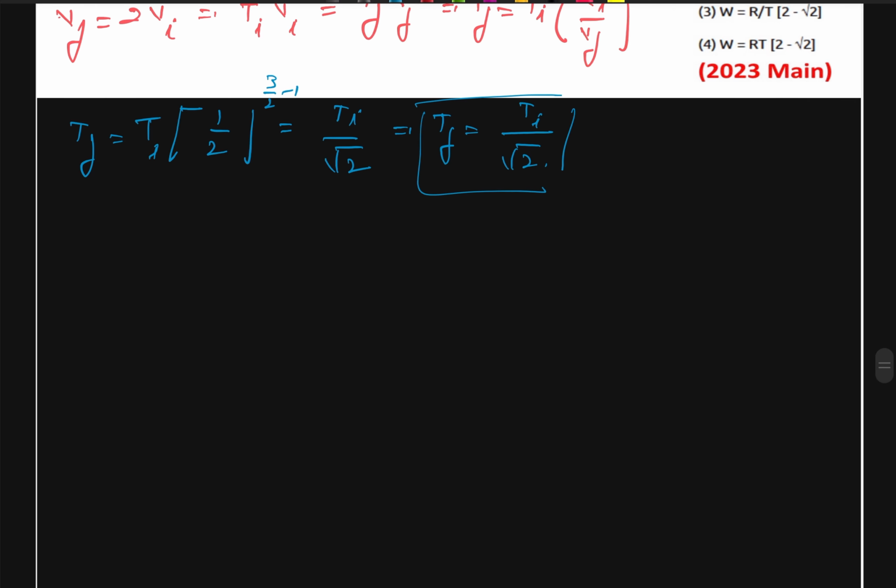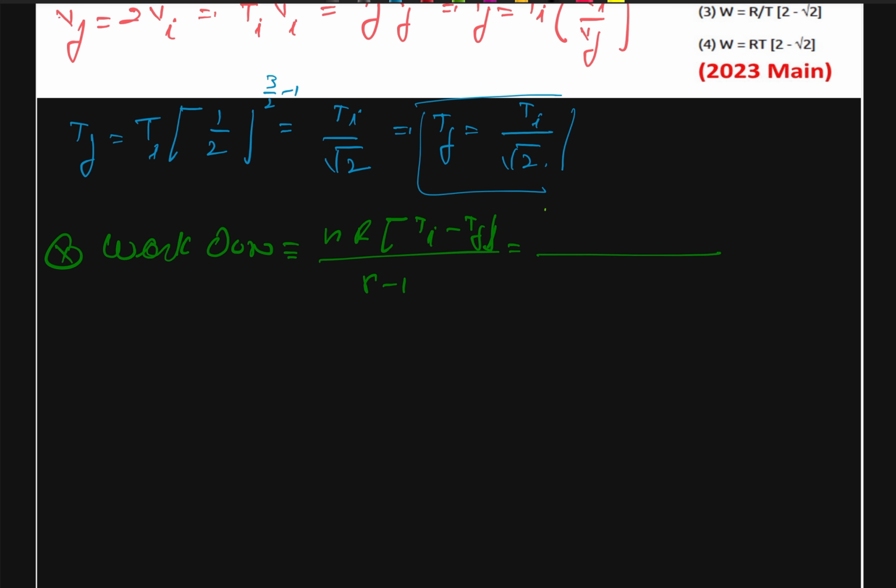So work done during an adiabatic process is equal to nR times (T initial minus T final) divided by gamma minus 1. We simply substitute the values.